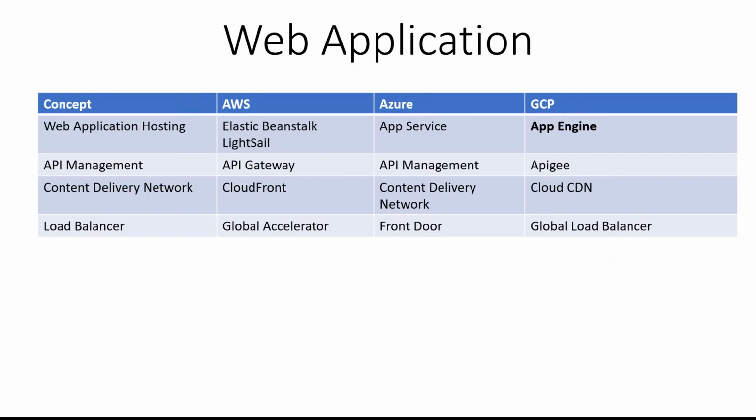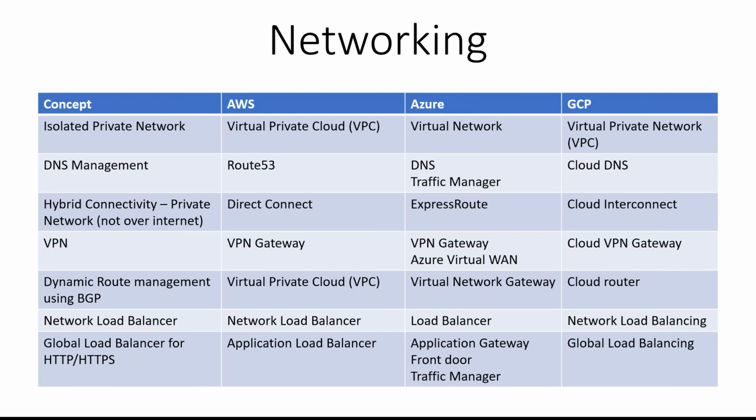So that's where this web application plays a role here, right? I will probably logically break here. Networking is a wider area, and it is more or less common in all three cloud vendors, but the names are a bit different.